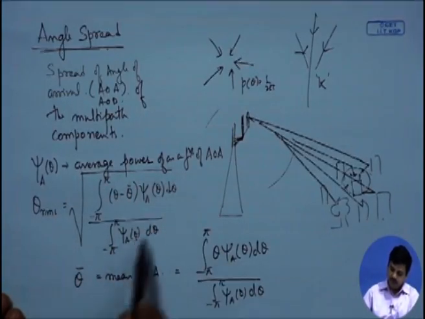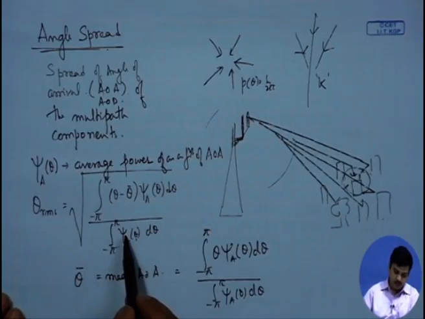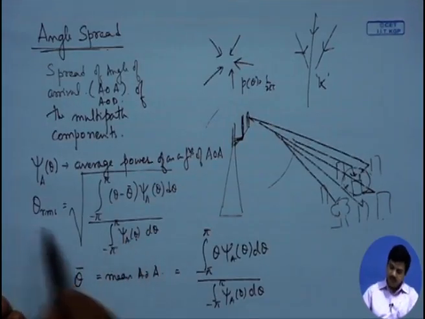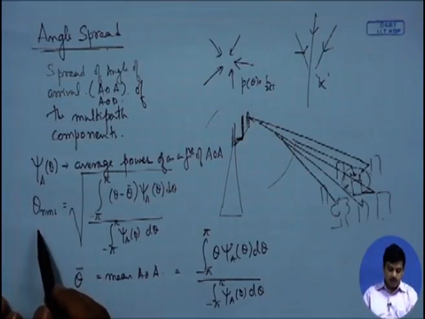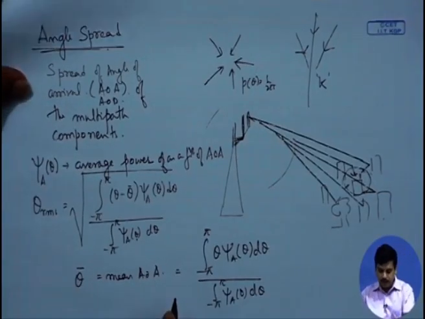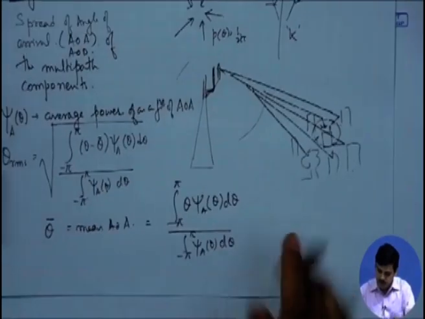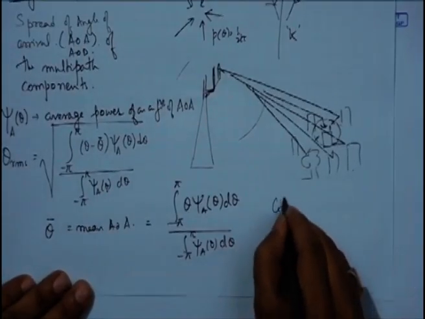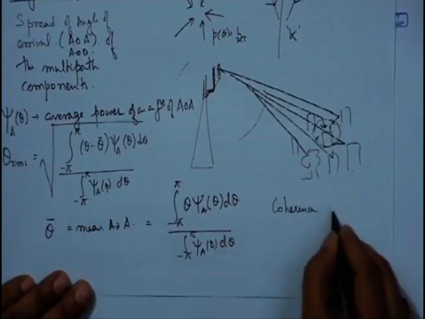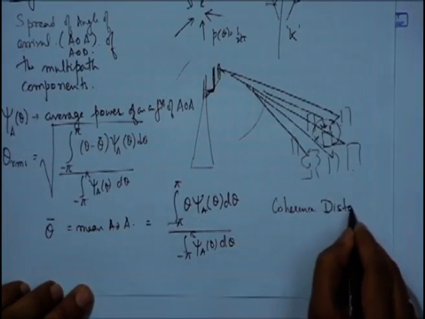So, as a function of theta, we are normalizing it by the denominator, and this particular thing would cause space selective fading. Usually you would define the term coherence distance.